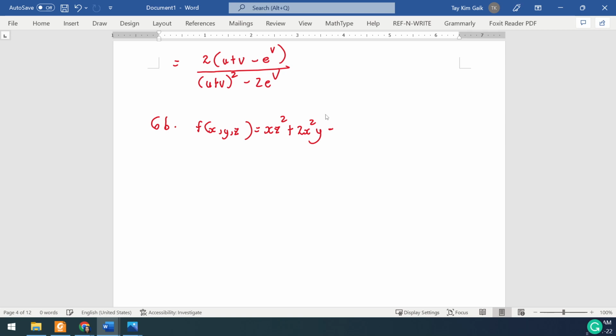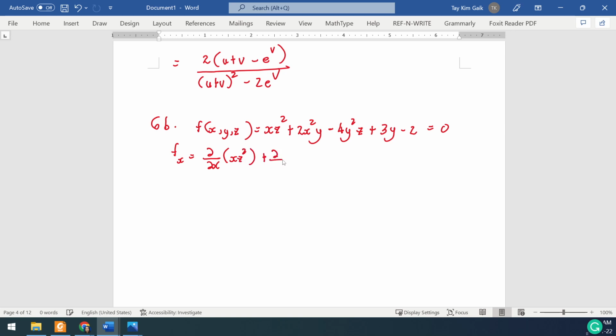Right hand side bring to left hand side, so minus 4y squared z, minus this positive 3y, minus 2. For fx, you del x each term where y and z are constant.